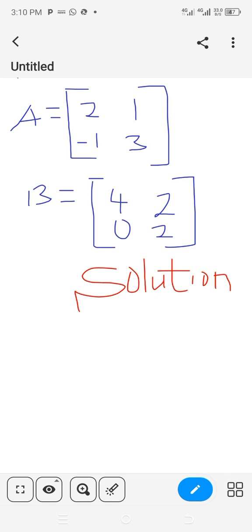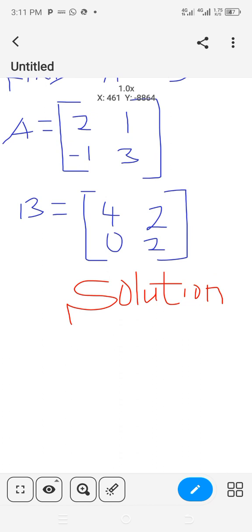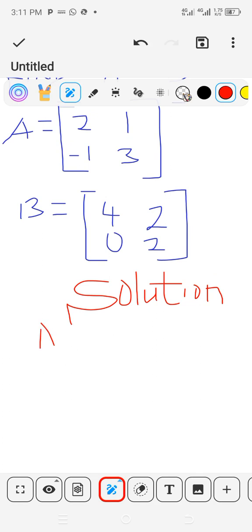Our problem now is to find the result of this matrix A minus B. It is similar to the method that we applied when dealing with addition of matrices, only that this time around we are using a different mathematical operation, subtraction.